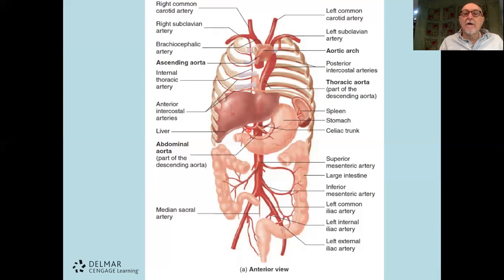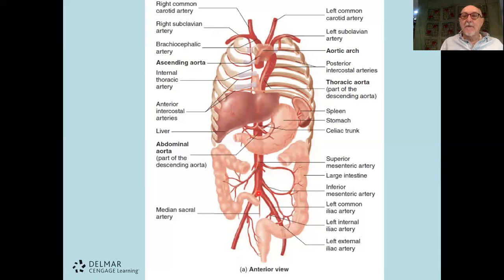There are arteries off to your kidneys called the renal arteries. There's one to your liver called the hepatic artery. And then this one here, which is called the mesenteric artery, supplies all of your intestines.